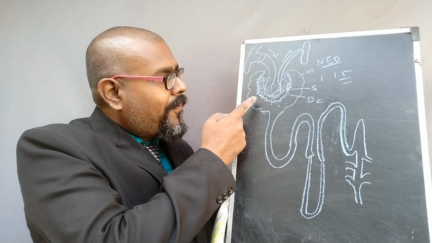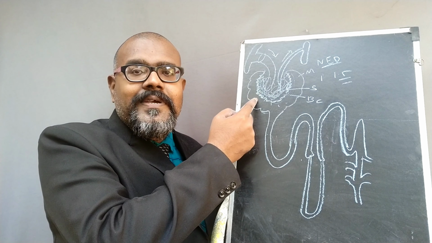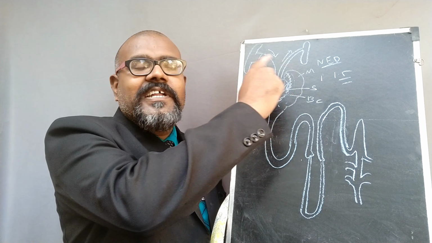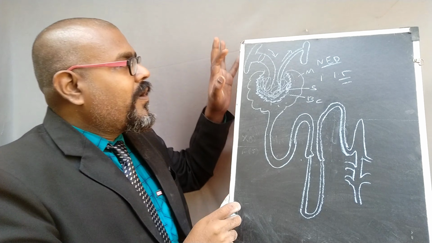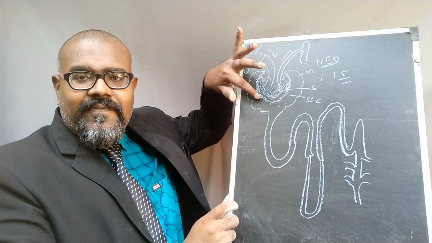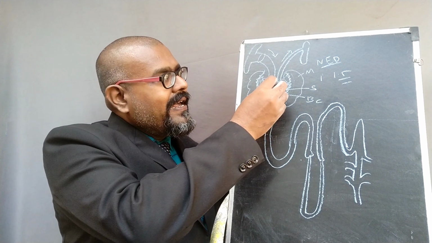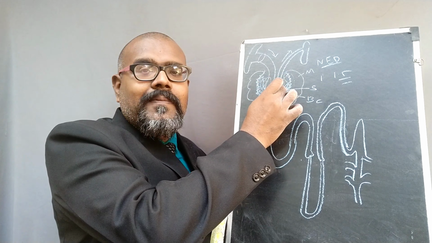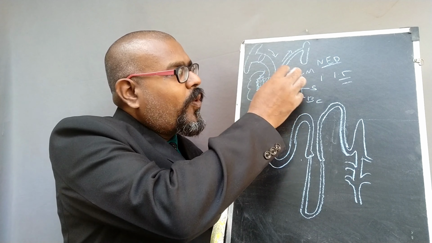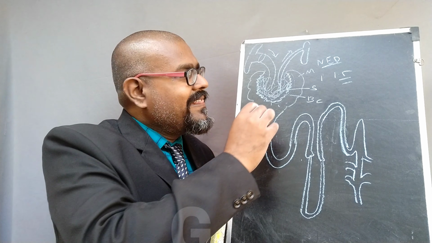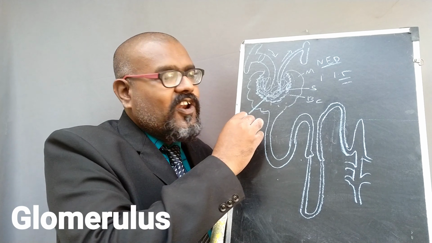So the Bowman's capsule includes the Malpighian tubules, the afferent and efferent arterioles, and the clustering of blood vessels. At the meeting junction of the entry of the afferent arteriole and the exit of the efferent arteriole, the Bowman's capsule consists of a clustering of many blood vessels, which are cumulatively called the glomerulus.